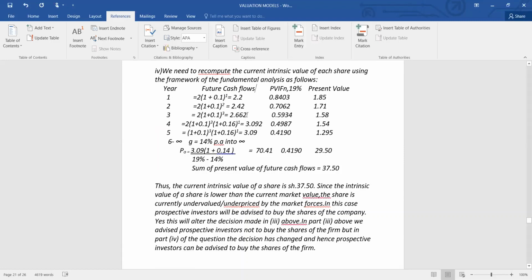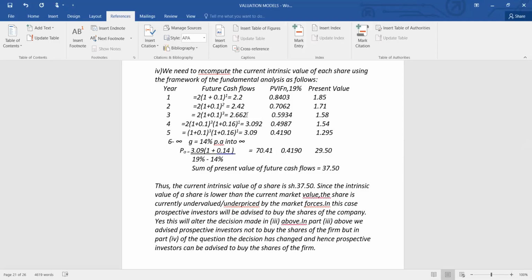How about 2 years time from now? The rate is 10% per annum for the next 3 years, the same rate. So you can even say 2.2 times 1.1 or 1.1 squared. It's the same thing. Does it give you 2.42? Yes, it's 2.42.